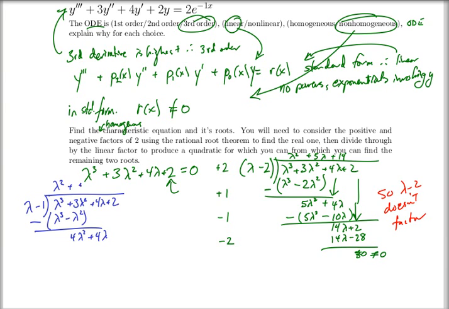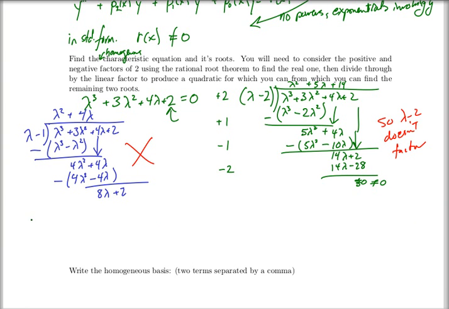That's going to become 4 lambda squared minus 4 lambda. So this becomes 8 lambda plus 2. Actually, that doesn't work. Let's try another one.